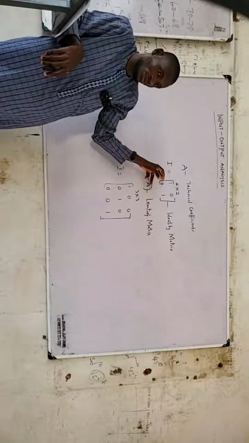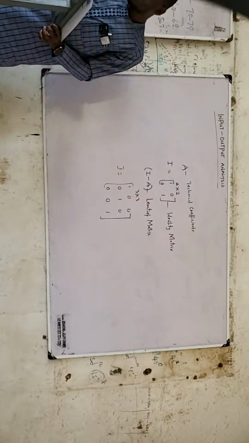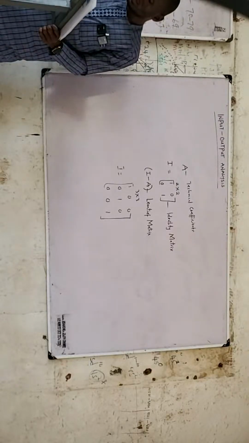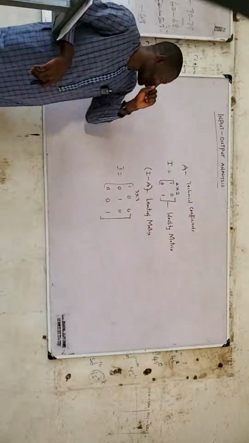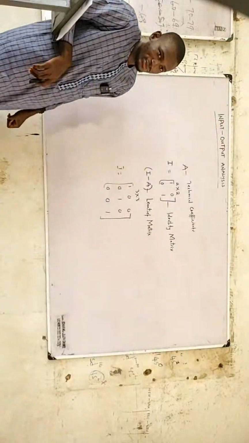Then you choose a particular identity matrix to use, either a 3 by 3 identity matrix for 3 unknowns or a 2 by 2 for 2 unknowns. Then another part of the input-output analysis is the input-output table. Now that input-output table comprises all the components that I have mentioned.